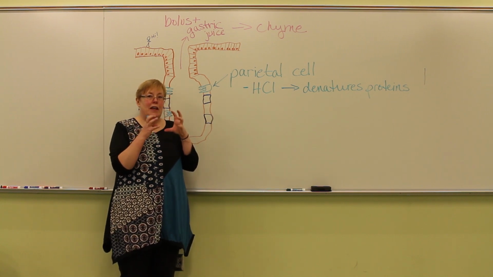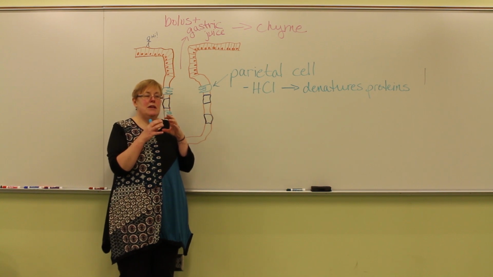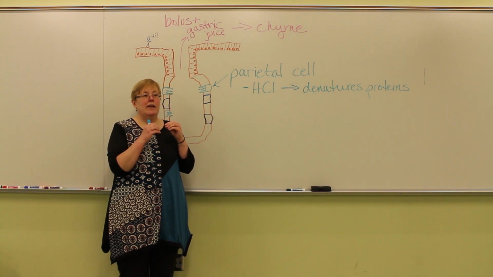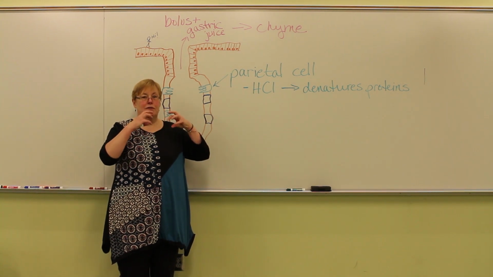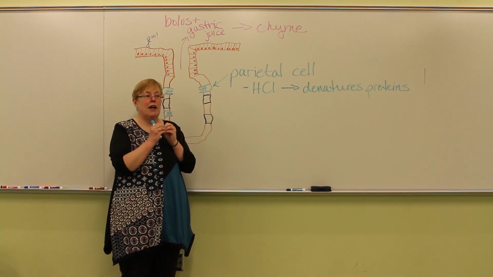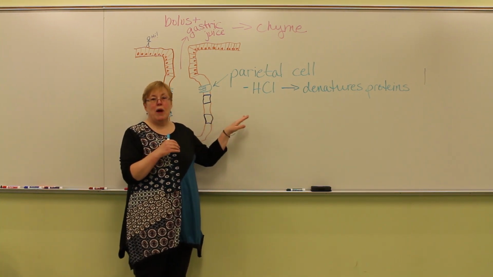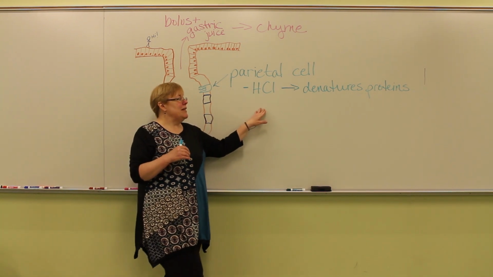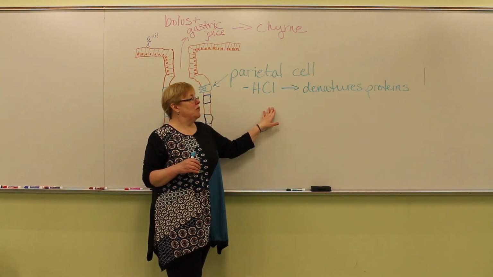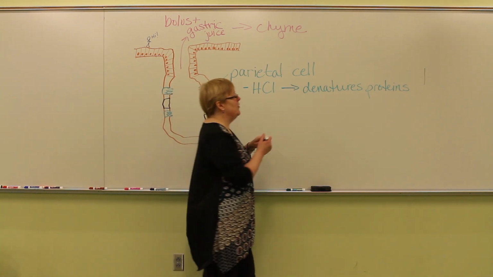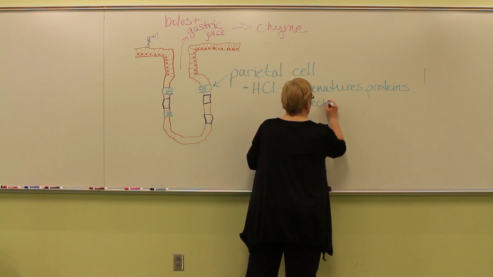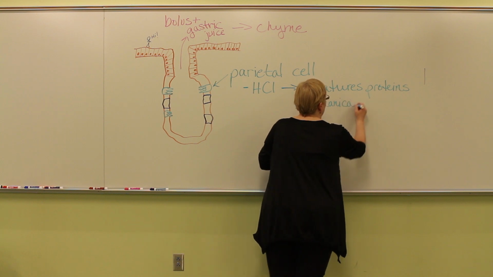But anything that's in a globule is going to be more difficult to break down enzymatically because the enzymes are going to have to chew all the way down through the layers to get to all of the nutrient content. So the more that we can spread the proteins out, the easier that chemical digestion becomes. Denaturing proteins spreads the proteins out, and this is considered a type of mechanical breakdown.